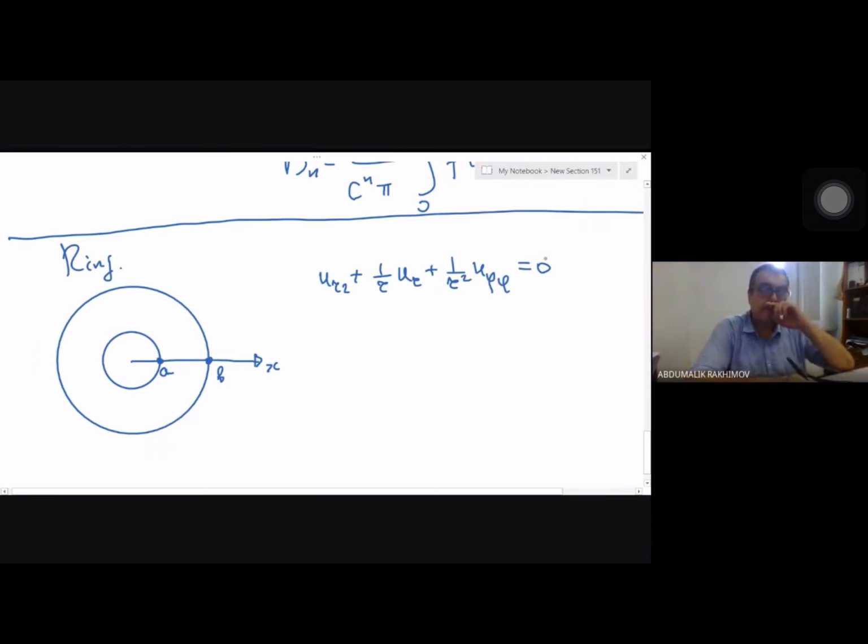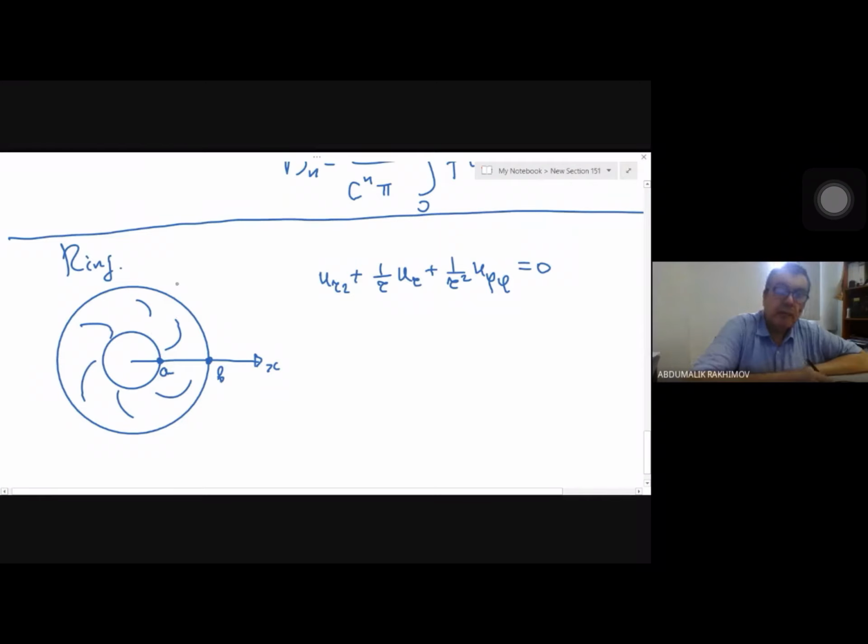The equation is the same, but now we have two conditions. My plate has two boundaries, so we have two boundary conditions.